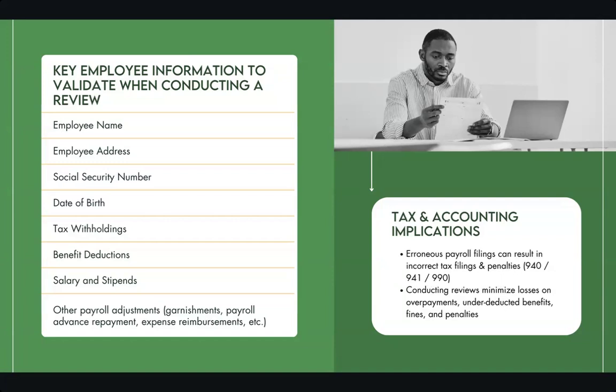So that could result in fines and penalties. Making sure that you reconcile everything and agree it to the underlying invoices and summary reports will ensure that you have a complete and accurate payroll process.